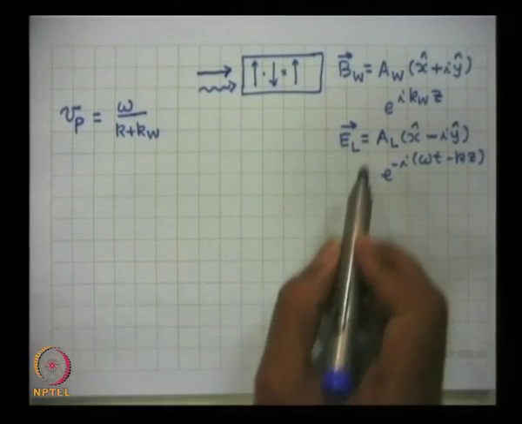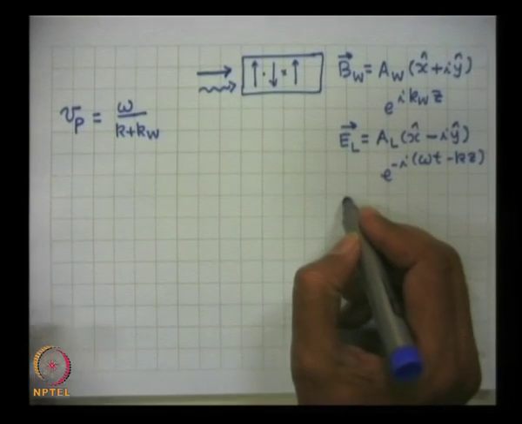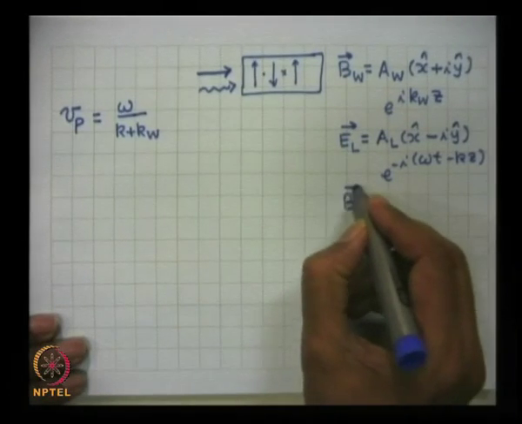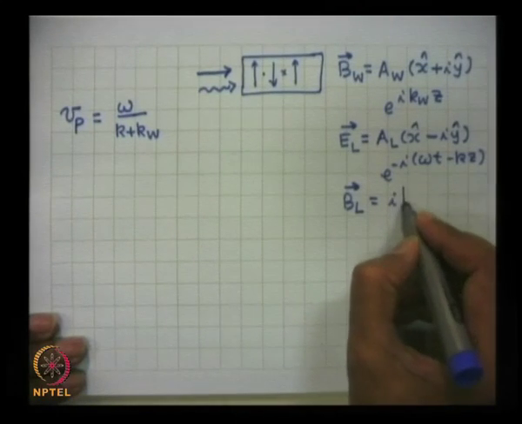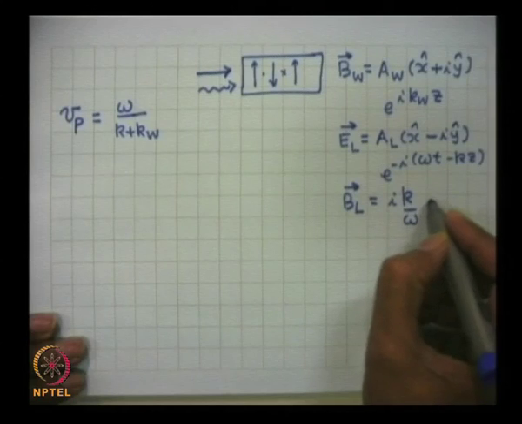So, in presence of these two fields, obviously the laser also has a magnetic field Bl, which is equal to i k upon omega into El.